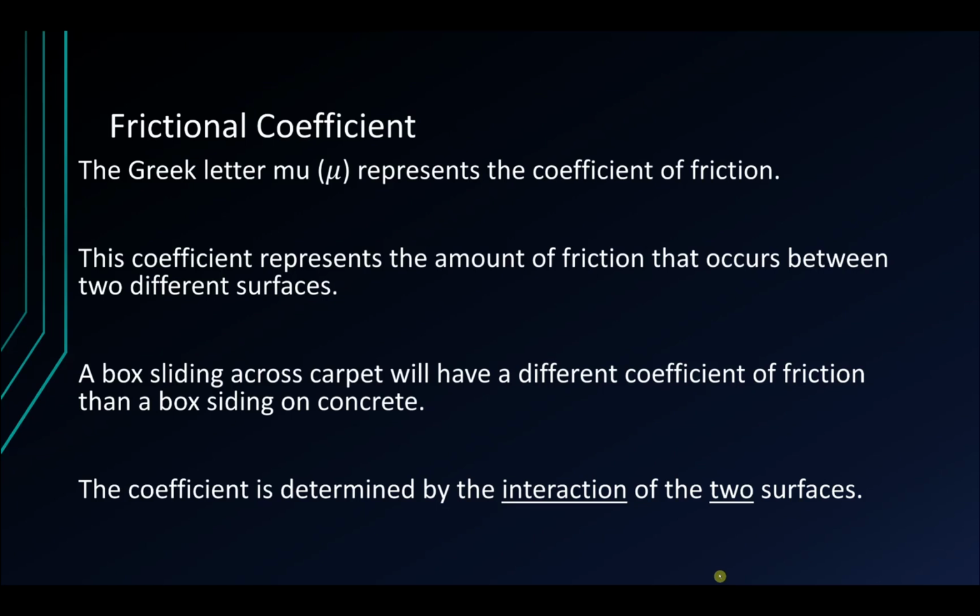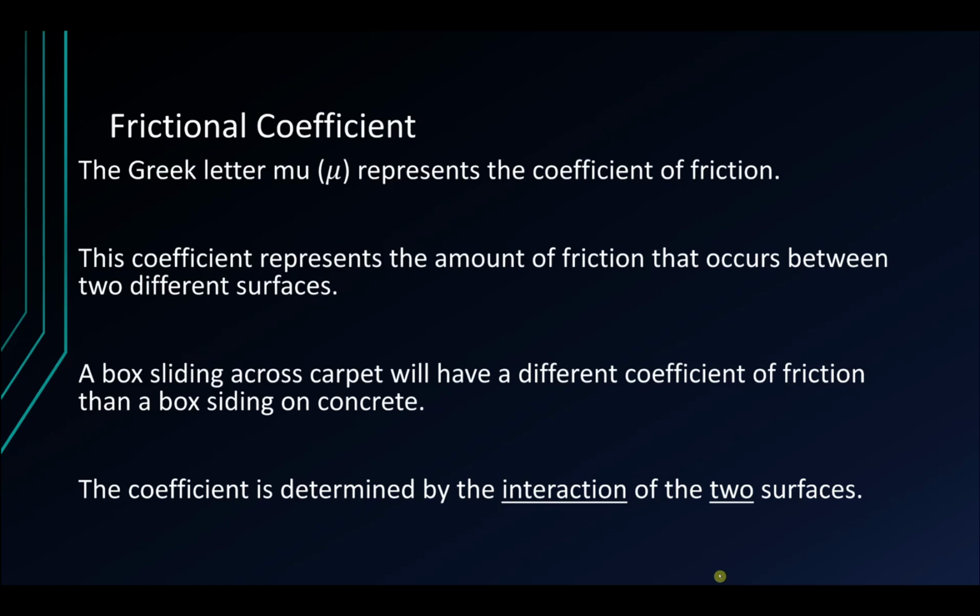So rubbing my hand or my shoe against concrete is going to have a different coefficient of static friction, or I guess kinetic friction if I'm moving it, than rubbing my shoe against ice or against carpet, right? My shoe is a constant in all of these, but my coefficient of friction is going to be different because it's dictated by the interaction of two objects.